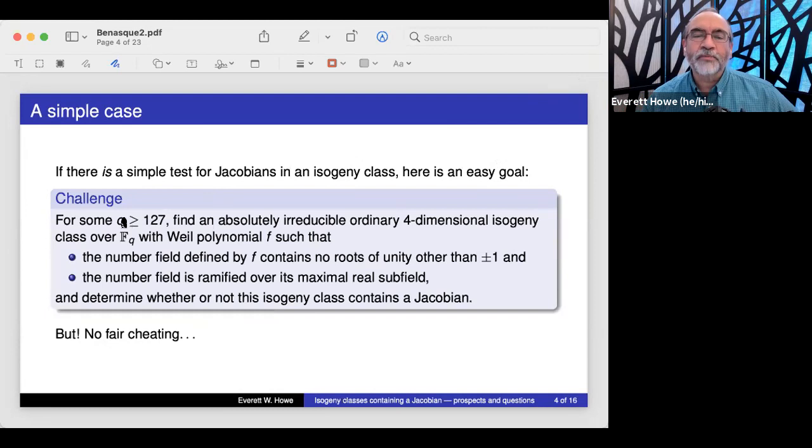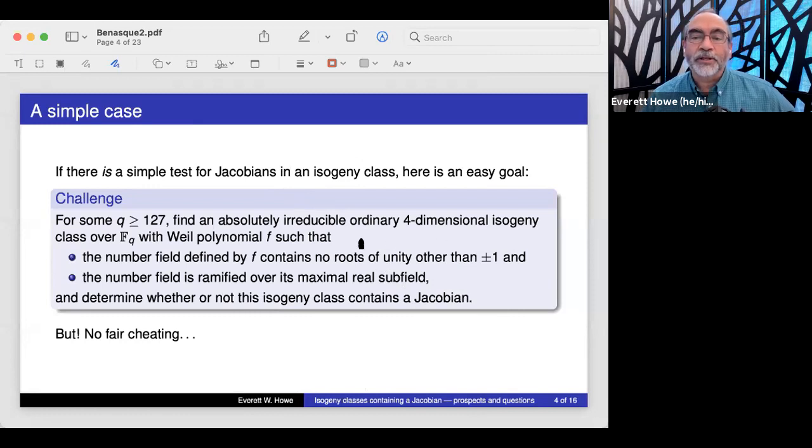So for some prime power q at least 127, find an absolutely irreducible, ordinary, four-dimensional isogeny class over F_q, whose Weil polynomial has the property that the number field that it defines contains no roots of unity other than plus or minus 1, and the number field is ramified over its maximal real subfield. And once you have such an isogeny class, determine whether or not it contains a Jacobian.